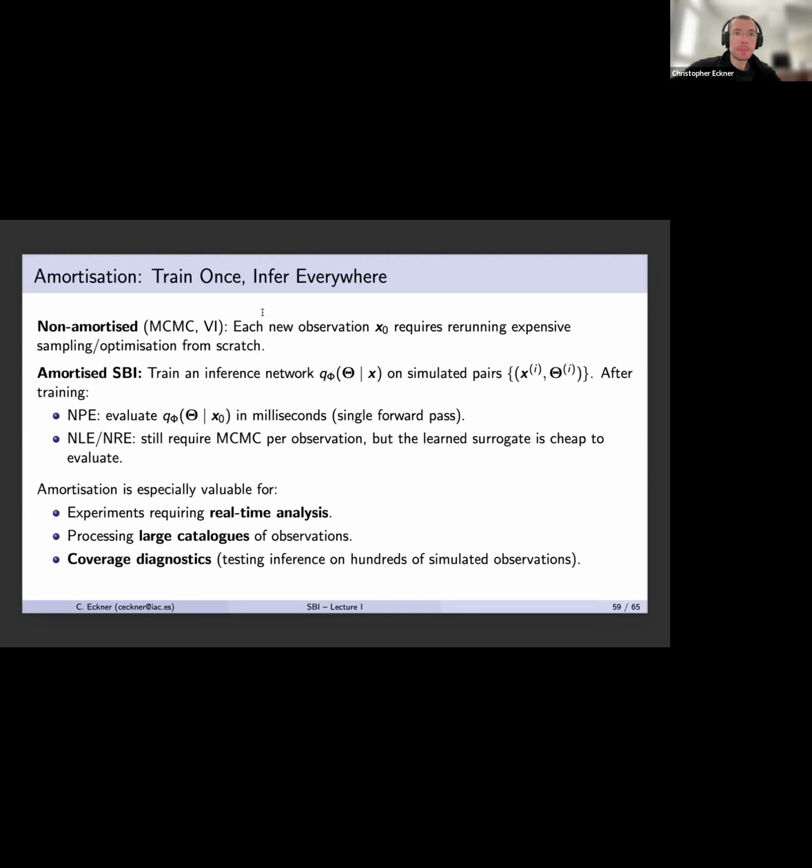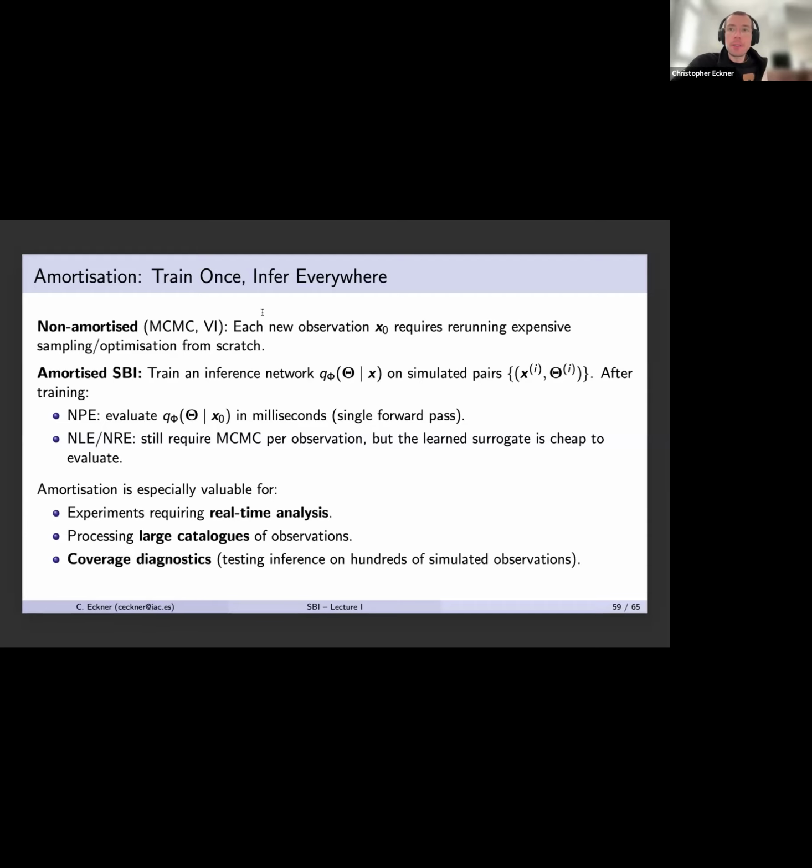Right. Lastly, again, to highlight and to emphasize it, amortization. What is not doing amortization is all the traditional methods that use a likelihood. Monte Carlo, Markov chains, nested sampling, variational inference, all are based on an observation, a target observation.